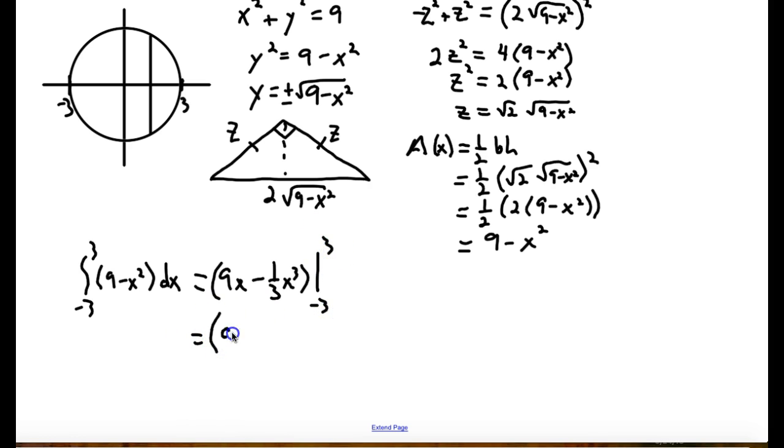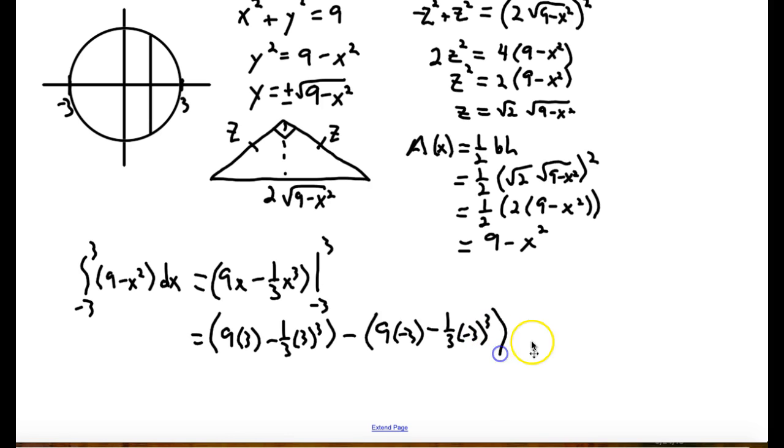3, so I'll have 9 times 3 minus 1/3 times 3 cubed minus, and plug in -3. 9 times -3 minus 1/3 times -3 cubed.